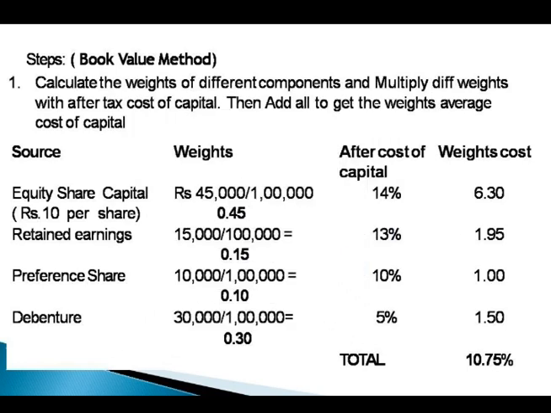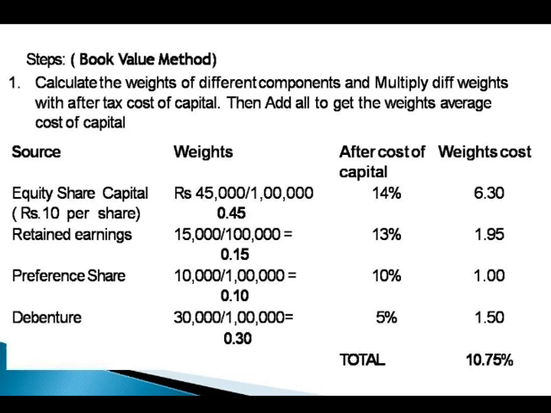First, we are calculating on the basis of the book value method, and the market value method you calculate by yourself. First, calculate the weight of the different components, then multiply these weights with the after-tax cost of capital and add them all to get the weighted average cost.